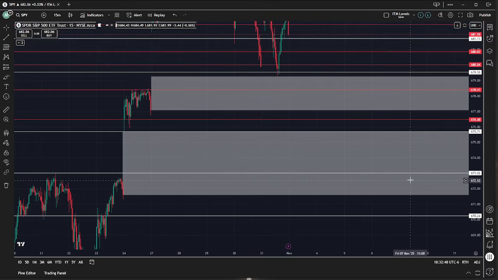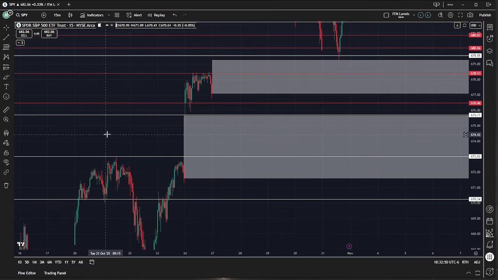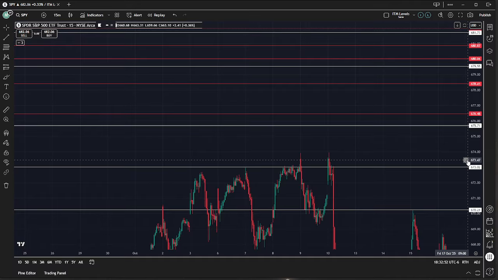Right here, we don't got too much price action in this area, except over here.